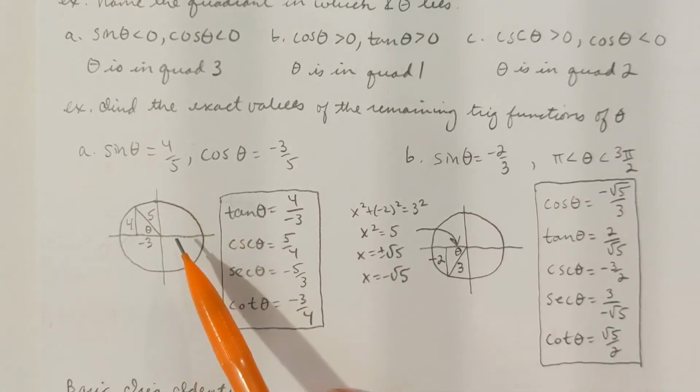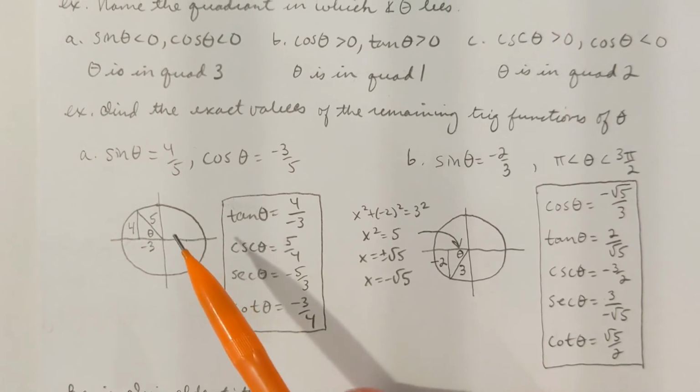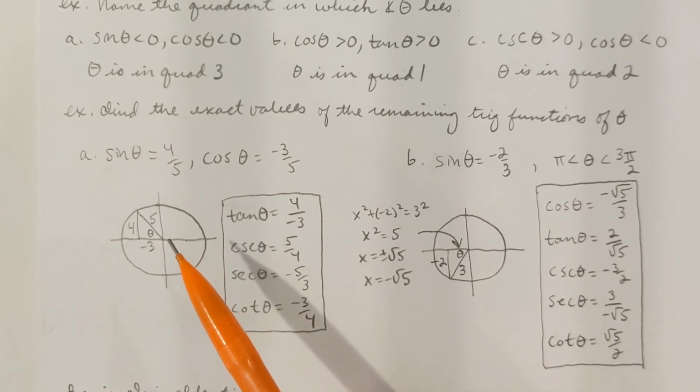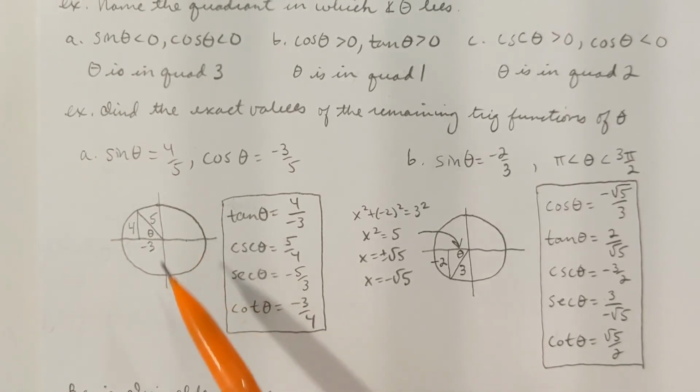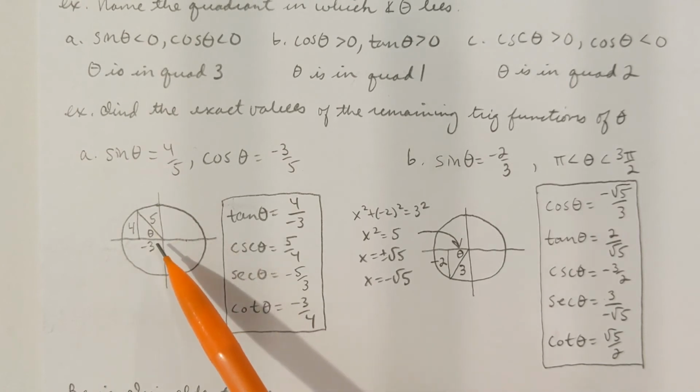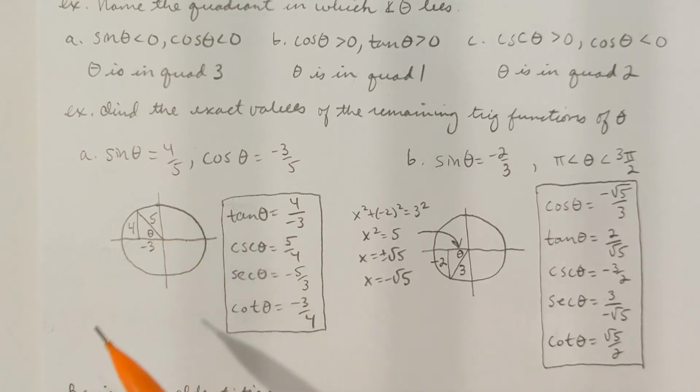So now that we've got our triangle built, by the way, we don't know this angle. This is a common triangle, but it's not a common angle. A 3, 4, 5 right triangle is probably the most common Pythagorean triple that you'd ever work with. What I mean by that is that in problems that involve the Pythagorean theorem, some groups of 3 numbers seem to come up a lot.